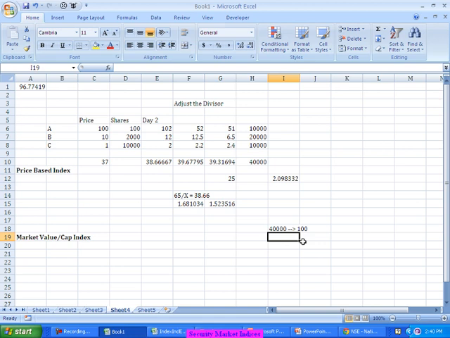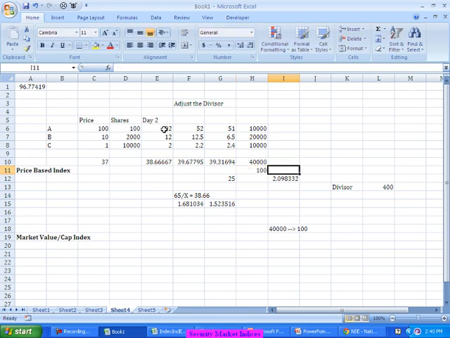So if I divide this 40,000 by 400, it will give me 100. Initially, the divisor is set at 400. So today's index is nothing but 40,000 divided by 400, which gives me 100.